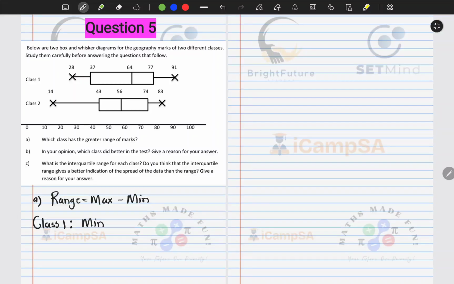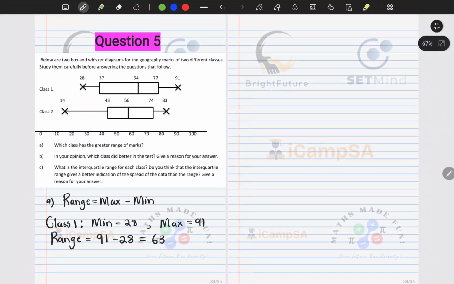If you look carefully for class 1, the minimum must be 28, while the maximum will be 91. So our range for class 1 will be 91 minus 28, which will be 63. That is class number 1. Okay. Now let's go to class number 2.